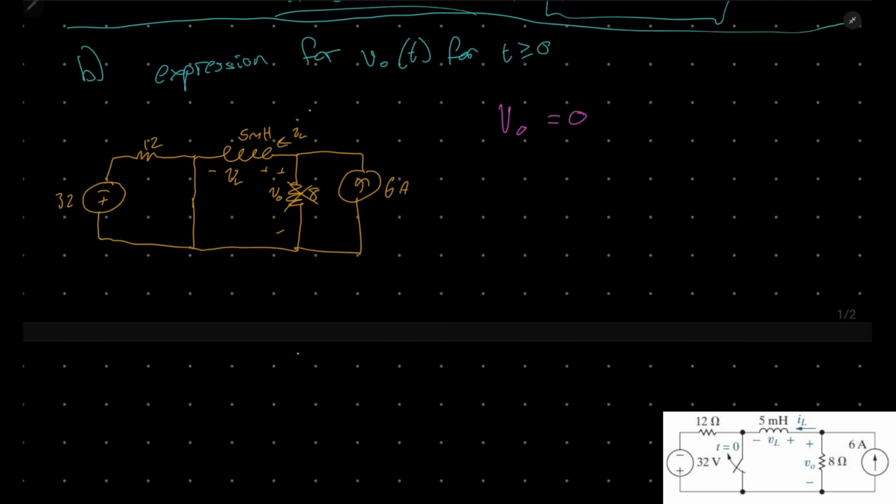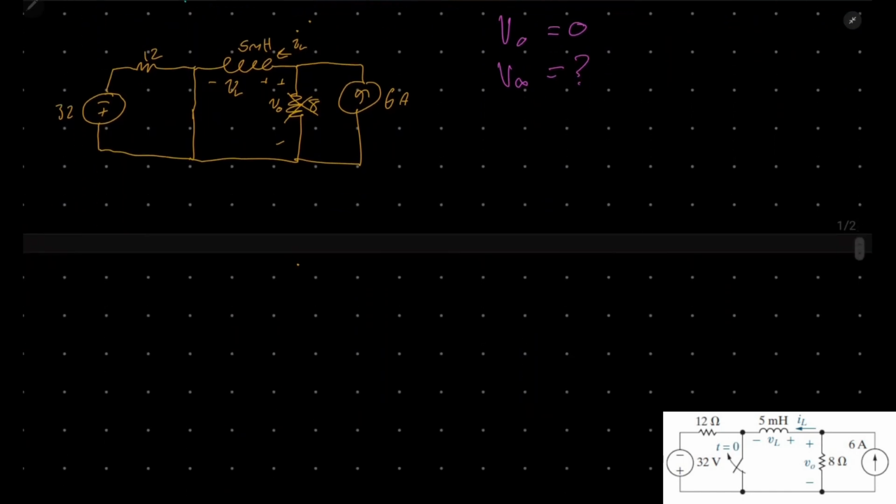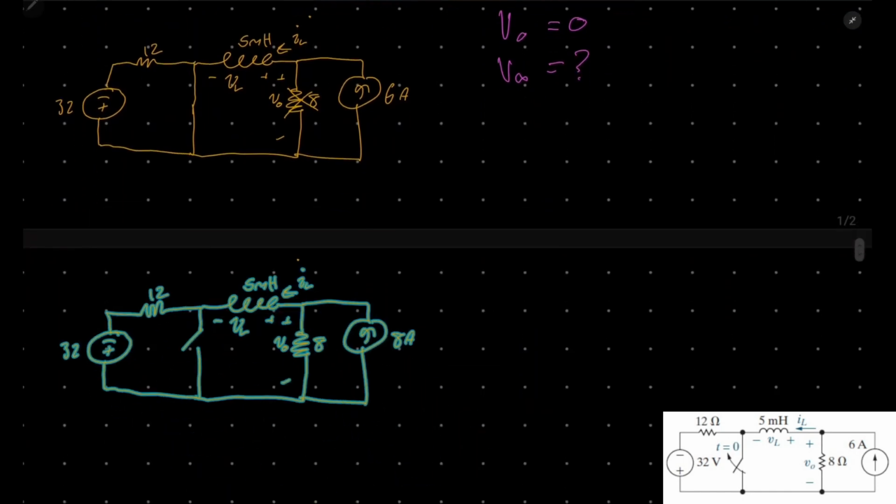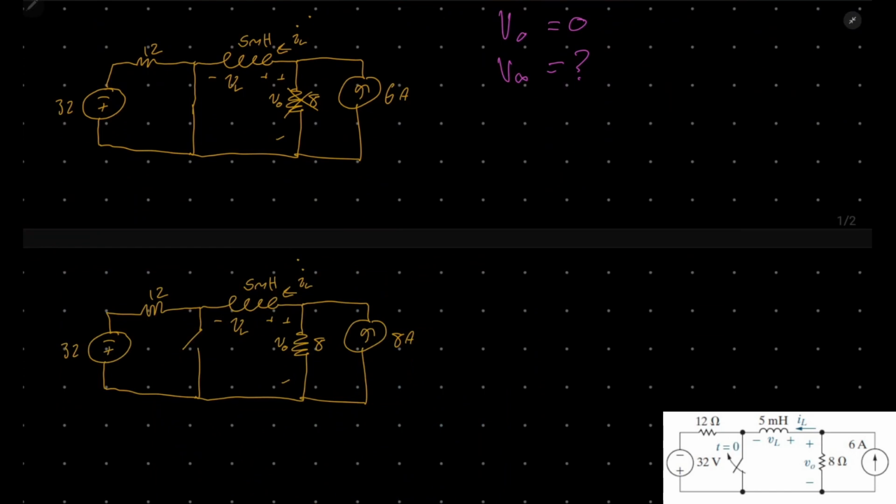So now we have to find the value at infinity. To do this, I will paste a new circuit in so that we can modify it. This time our switch is going to be open because when t is greater than 0, it's in the open position. So now we can do mesh analysis. We'll draw a loop here, and then a loop here.